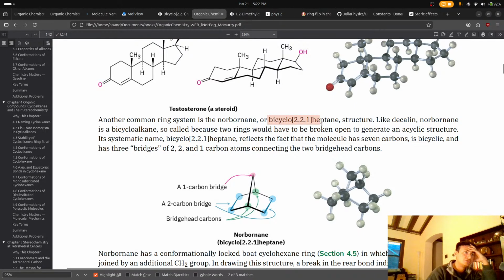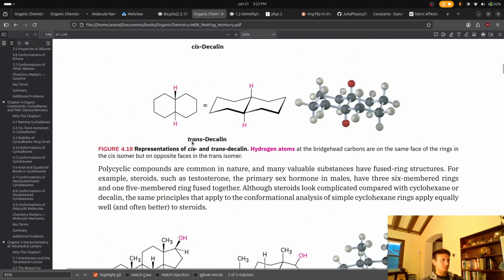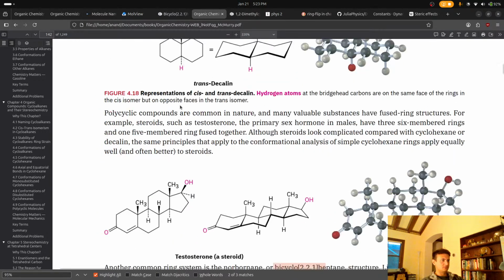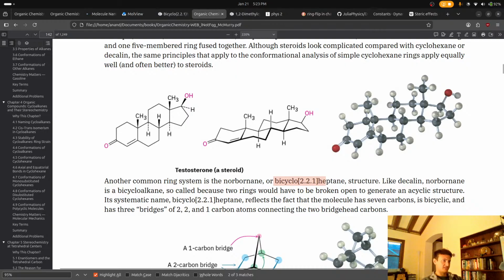Bicyclo 2.2.1 heptane structure. Like decalin, norbornane is a bicycloalkane, so called because two rings would have to be broken to generate an acyclic structure. Oh, interesting.